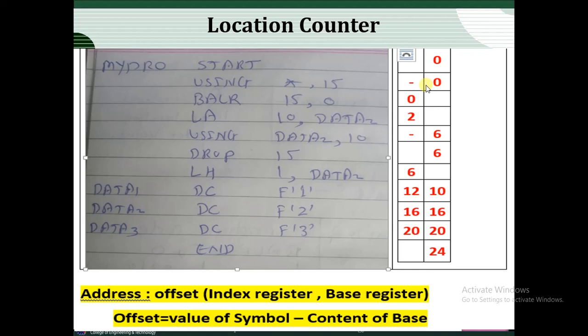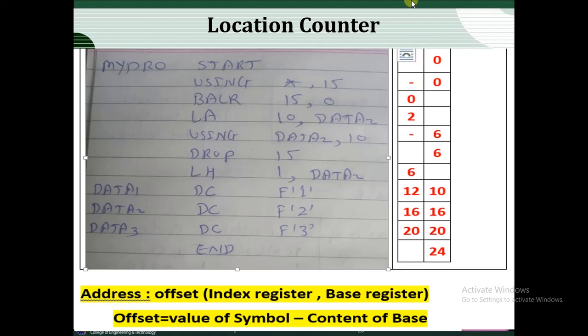Before going to the location counter, we must know the concept of pseudo opcodes and the location counter. We know that a pseudo opcode doesn't take any location counter. START, USING, DC, DS are called pseudo opcodes, and LA, SR are our machine instructions.